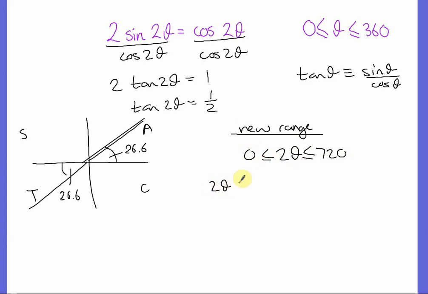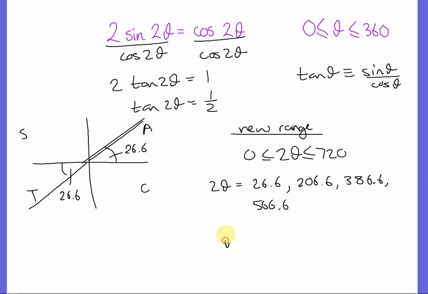So therefore 2 theta is equal to 26.6, and then we can add 180 to that, so we get 206.6. I always write these to one decimal place, and then we have to add that to 360 because we're going around twice, so that's going to be 386.6. And what is that? That's 540, isn't it?